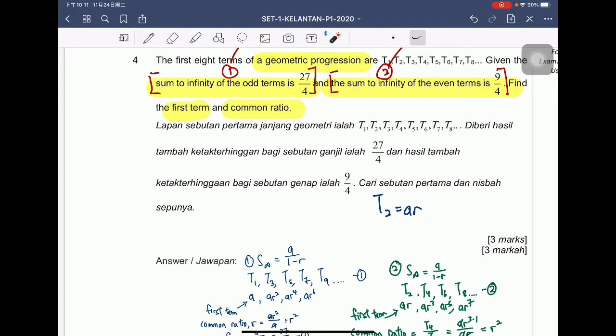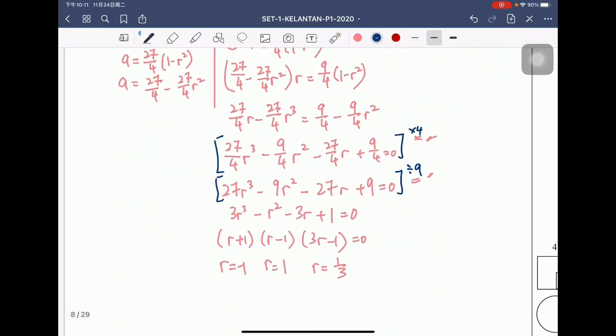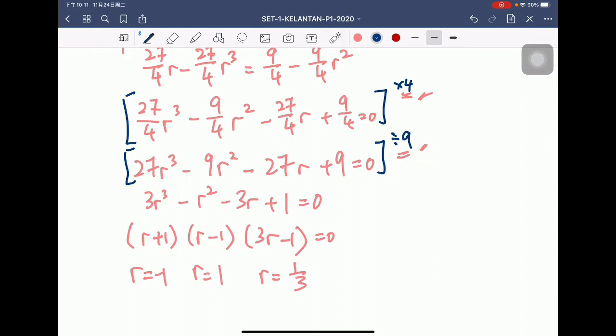For sum to infinity, always keep in mind that r will always be smaller than 1 and greater than -1. This is the property of a sum to infinity equation: r smaller than 1 and greater than -1.